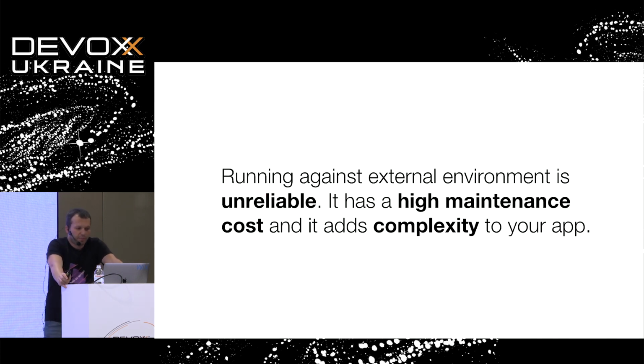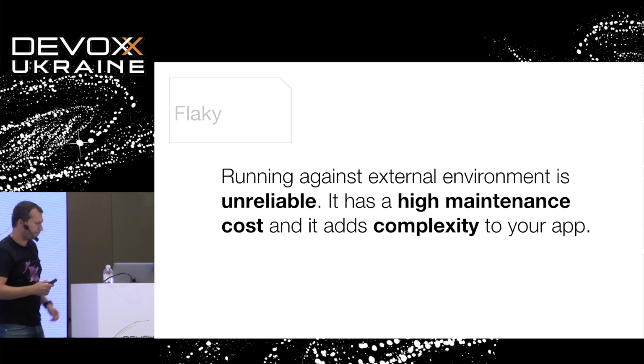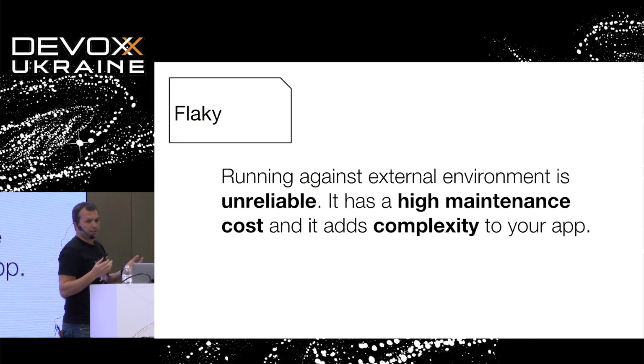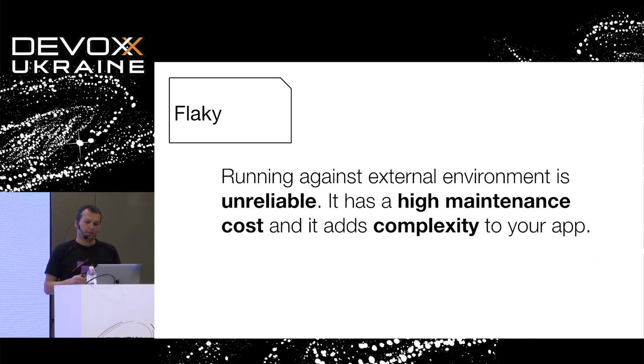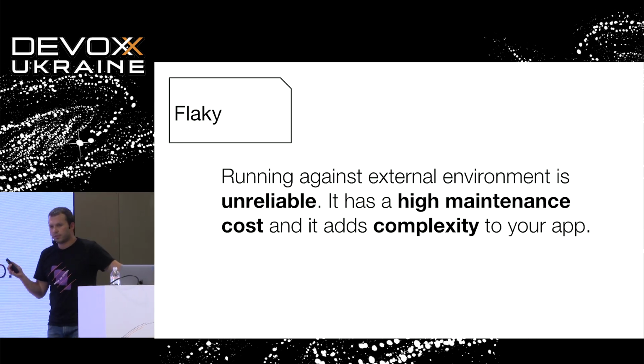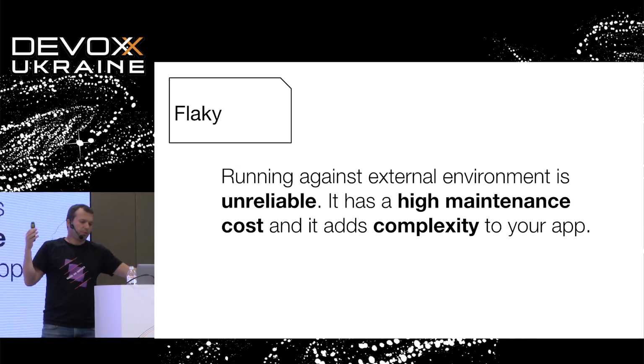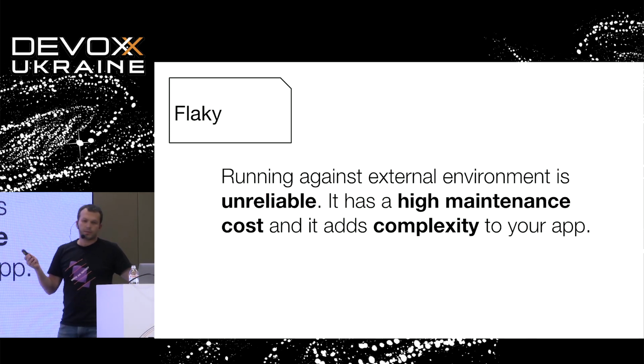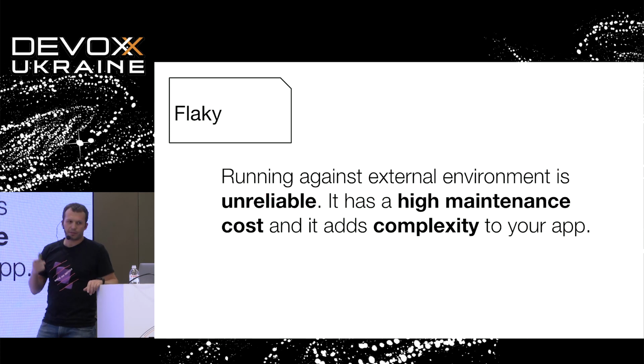Running against an external environment is unreliable, it has a high maintenance cost, and adds complexity to your app. And I will explain why. First, it's an external environment. You use external network calls, which makes the tests flaky. Also, it depends on the availability of the other system.